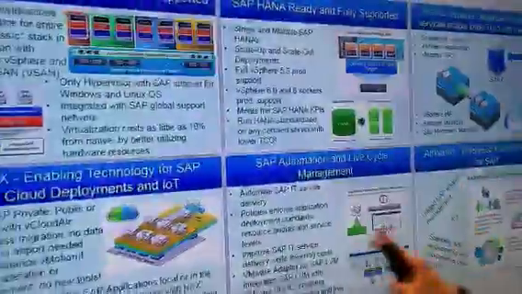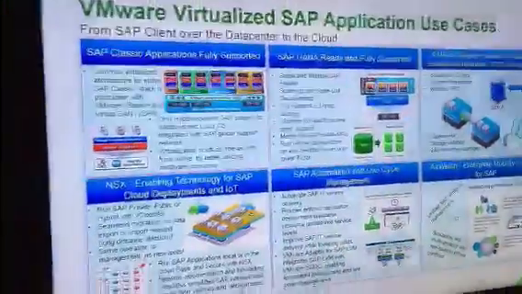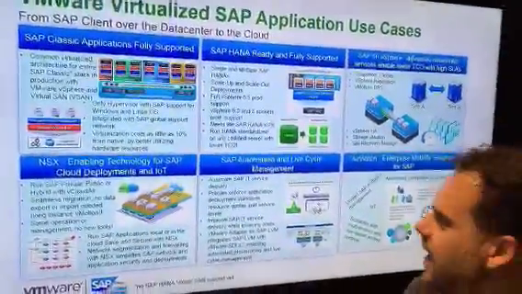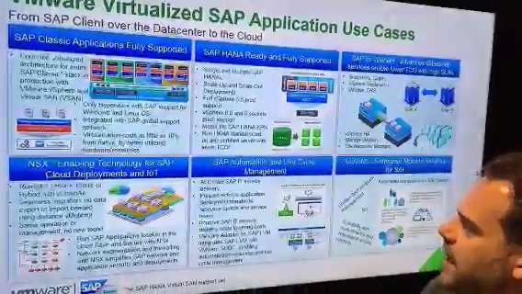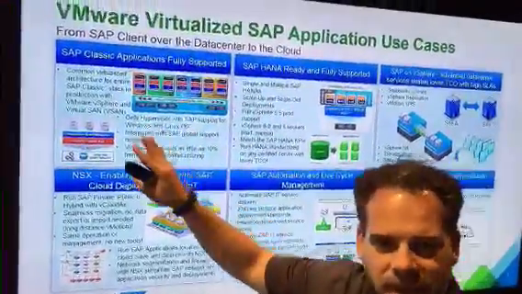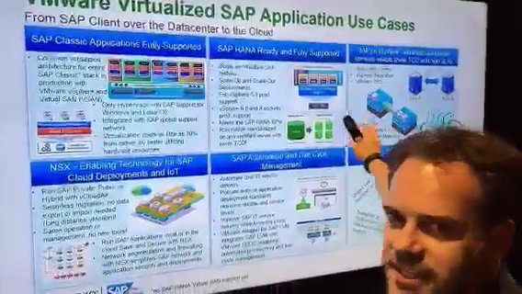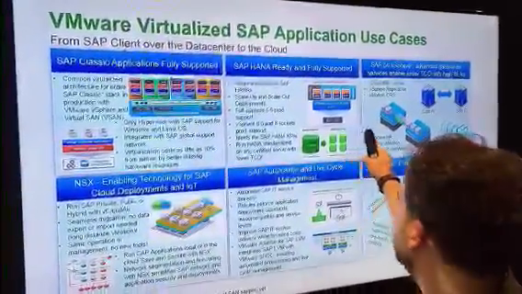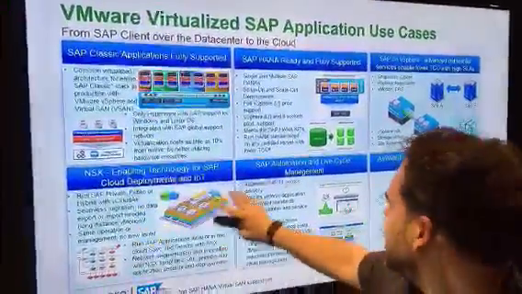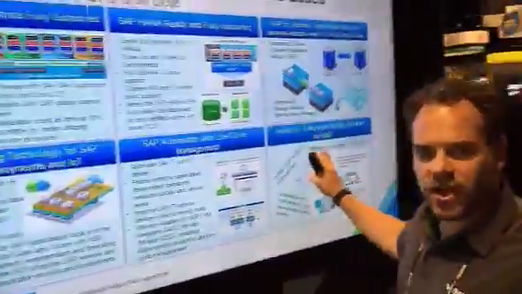Perfect, thanks, Lucas. So let's go back to the central page we have. Just to conclude, all these different use cases we have on our booth at SAPPHIRE, and we go from the classic application over virtualizing HANA to all the VMware usable features, from NSX to the automation and the end user management.